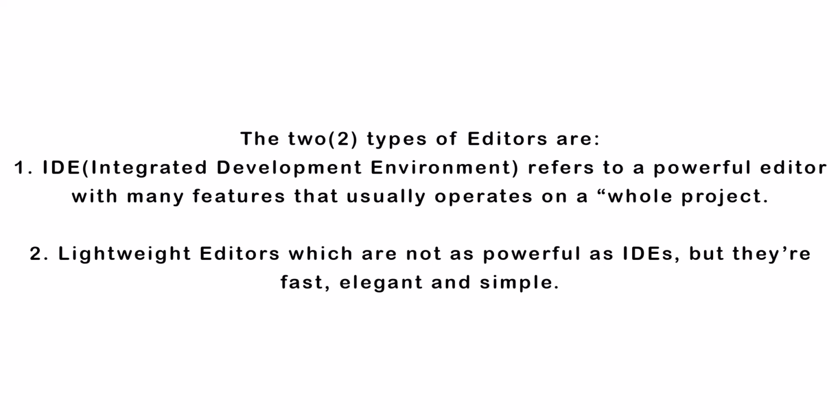An IDE loads the project, which can be many files, and allows navigation from one file to another. It also provides autocompletion based on the whole project. Then you can also integrate with a version management system like Git.